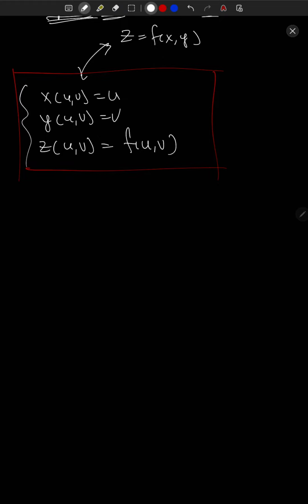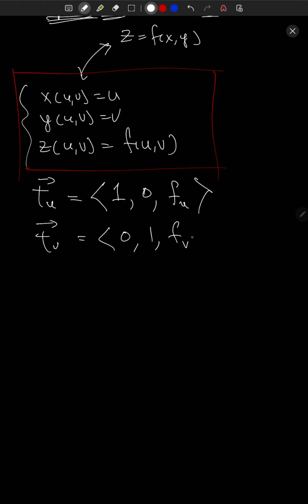So for this case, T sub u is going to be dx/du, which is just 1, dy/du, which is 0 because we're taking the derivative with respect to u, and dz/du, which is f sub u, the partial derivative of f with respect to u. T sub v is 0, 1, f sub v.